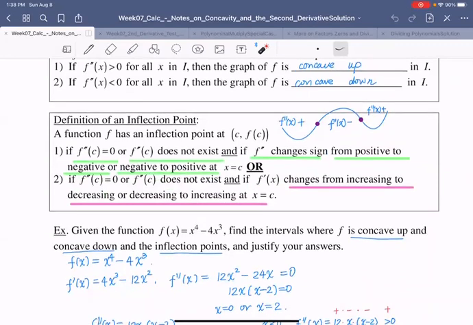Next one, inflection point. This term has a lot of meanings, especially during the pandemic season. We always care about the time of the inflection point, because last year the number of cases was going up.